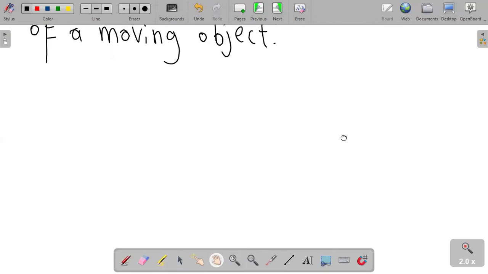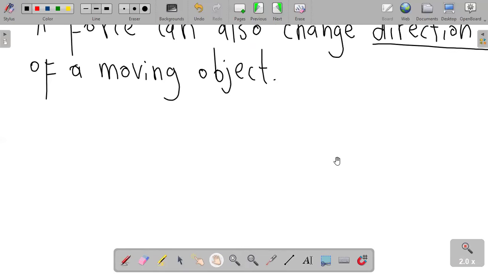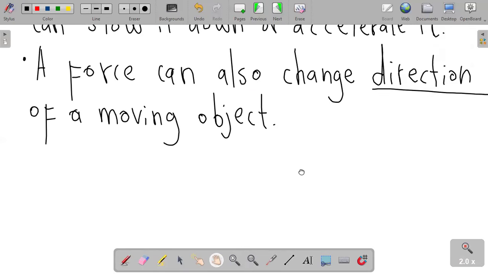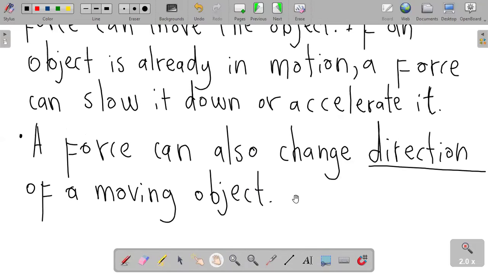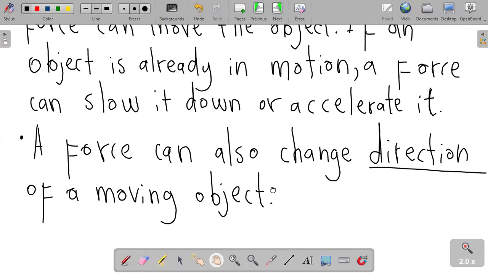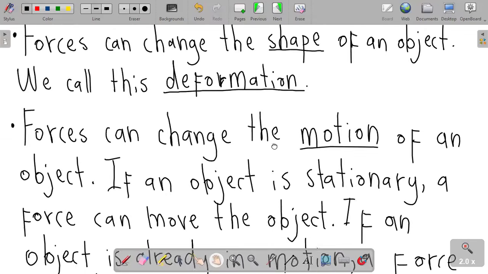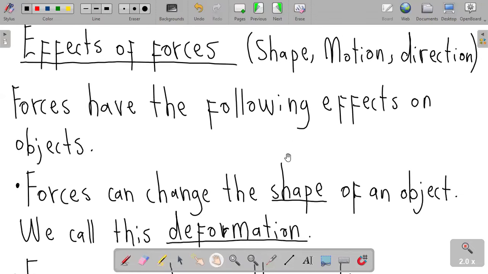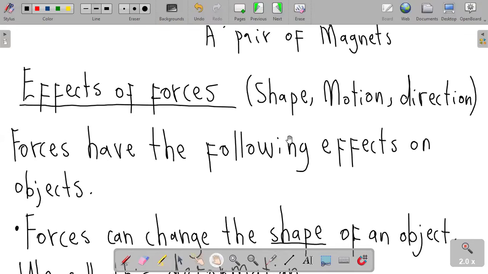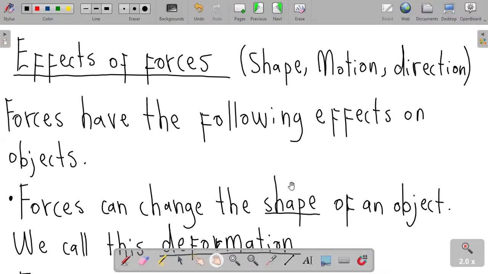Okay. And then in lesson 2, we're also going to talk about friction, okay, which is another type of contact force.